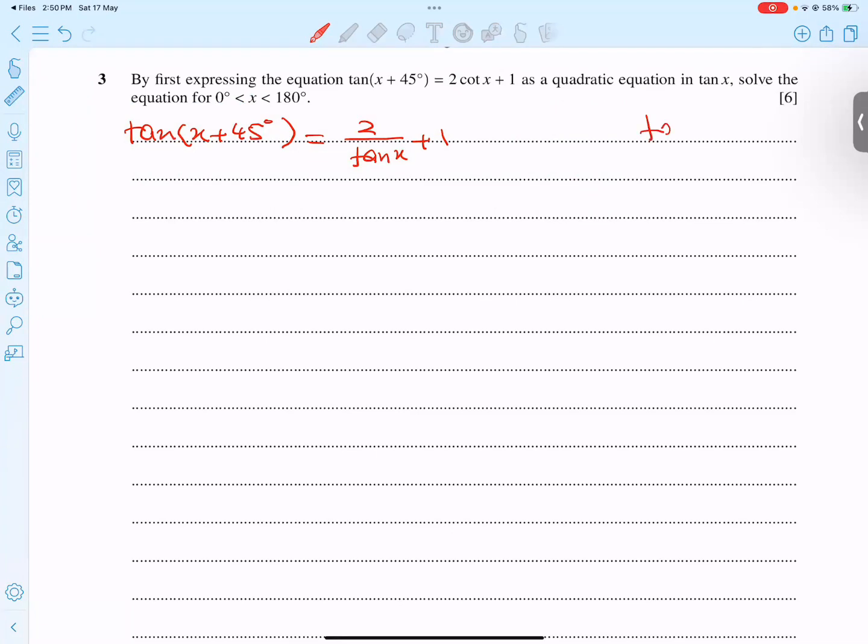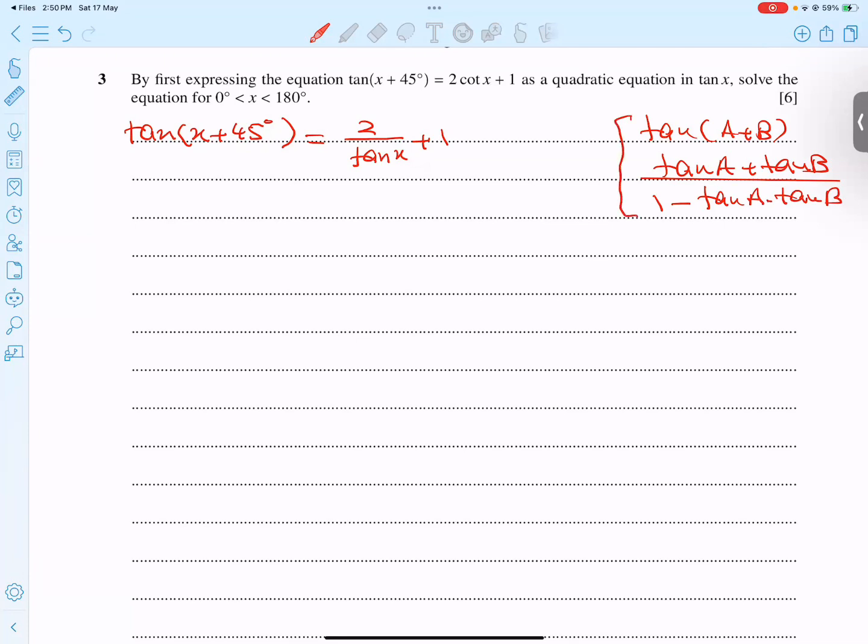You know it, but I'm writing it for you again. A plus B, how can we write it? In the numerator, tan A plus tan B. In the denominator, I'm writing 1 with the opposite sign, so negative tan A times tan B. This is a fundamental law of tan.